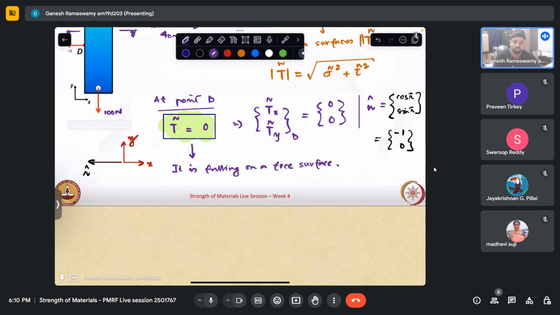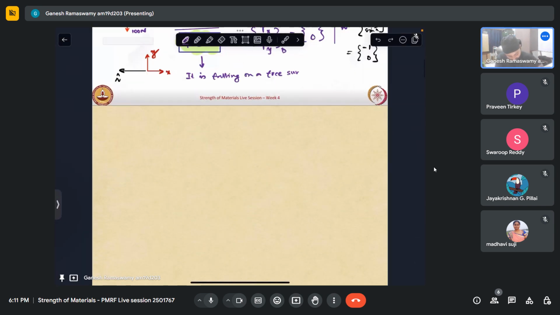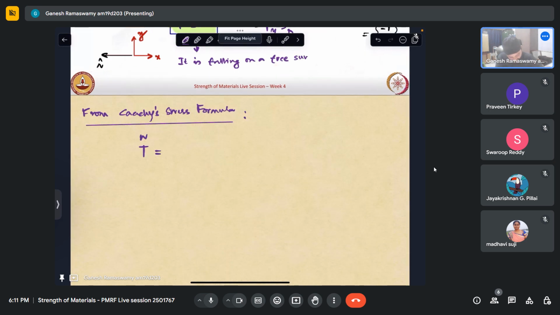But let us also see how it comes about using our knowledge of Cauchy's formula. So from our knowledge of Cauchy's stress formula, we know that traction on any plane, or the stress vector on any plane, is given by the stress tensor operated over the normal to that plane.